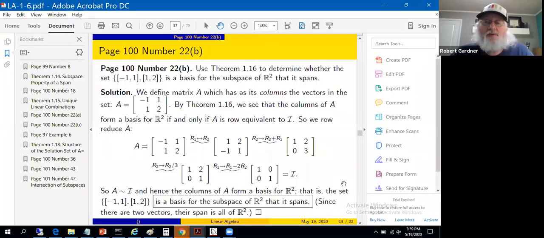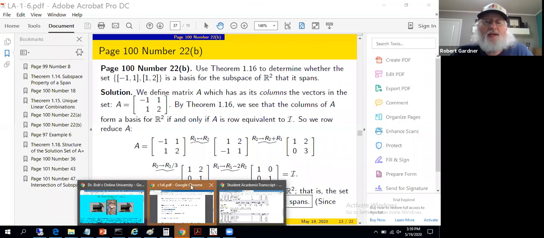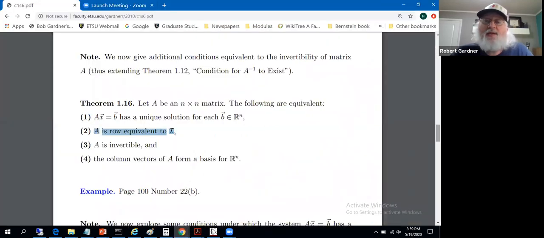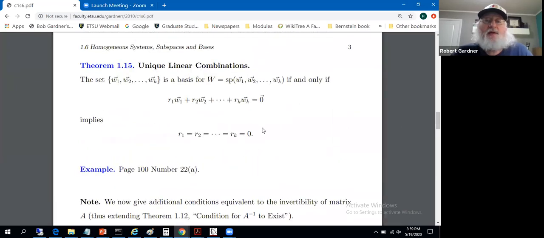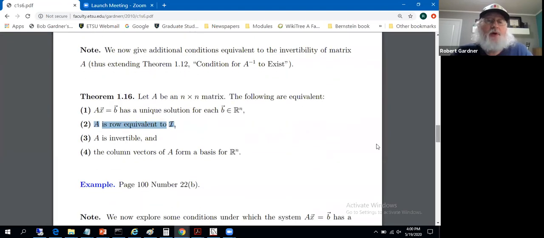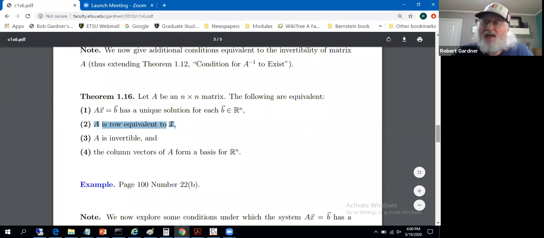So to test a collection of vectors to see if it is a basis for its span, we're going to do that quite often: put those vectors in a matrix A as columns and see if that matrix is row equivalent to the identity. So a question upstairs about basis becomes a question about row reduction. And you're good at row reduction. So much of what we do is based on row reduction.